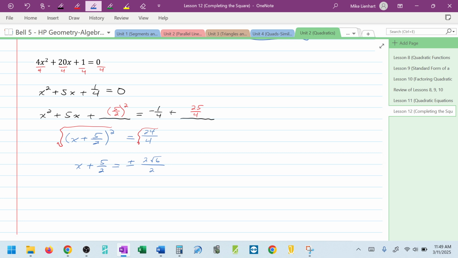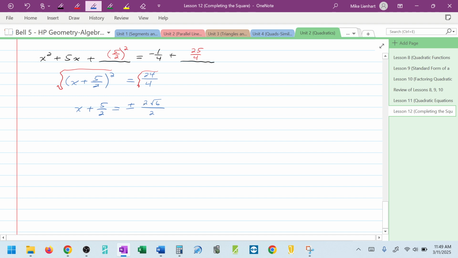Now, I could clean that up to just leave it as the square root of 6. So I'm going to rewrite this as negative 5 over 2 plus or minus square root of 6. Yes, I could have simplified 24 over 4 up ahead as well.